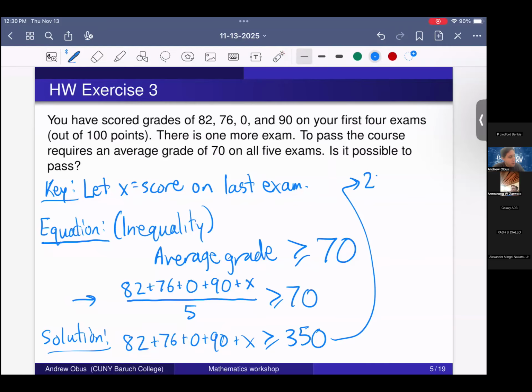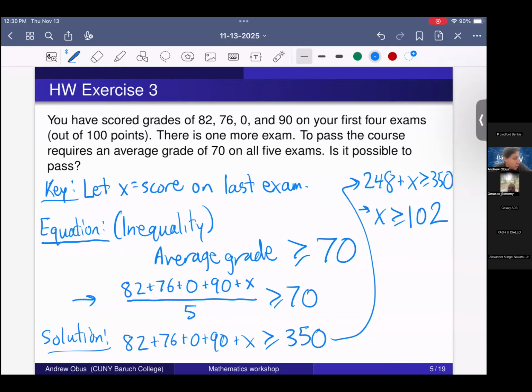So we have 248 plus x is greater than or equal to 350. So if we now solve for x, this gives us that x is greater than or equal to 350 minus 248, which is 102.